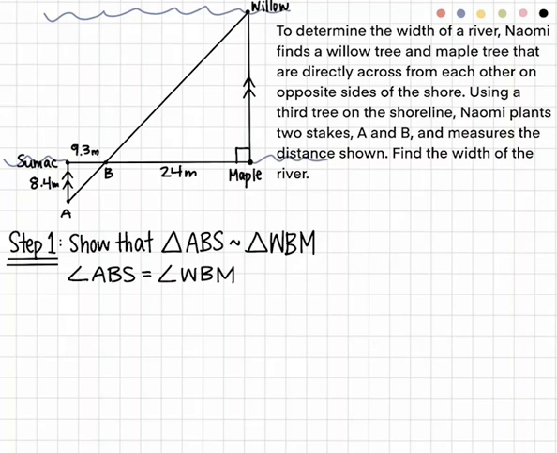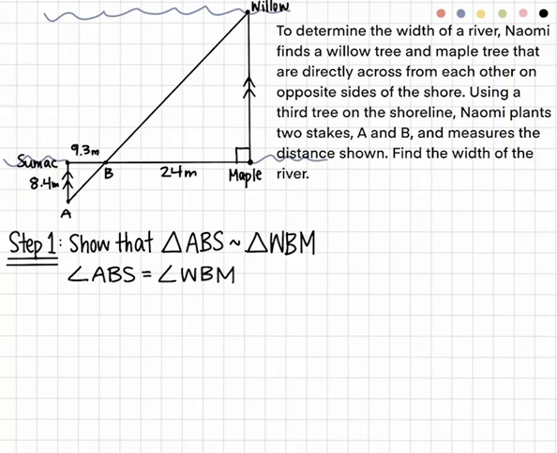When we're writing these out, the angle that I'm saying is equal is the middle letter. So angle ABS, which is angle B, is going to be the same as angle WBM, which is B on the corresponding triangle. So that's important to note. And it's really easy to show which angles are similar by using the triangles you just referenced as your starting point for your first set of angles.